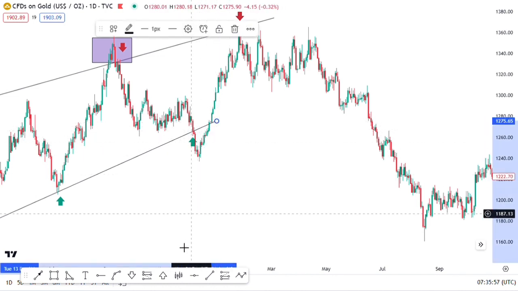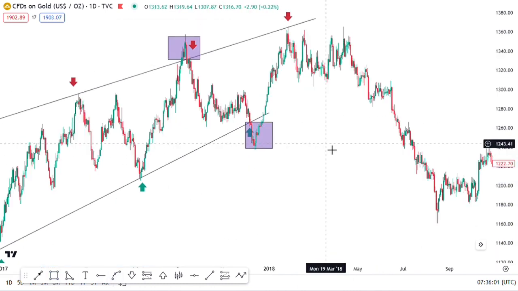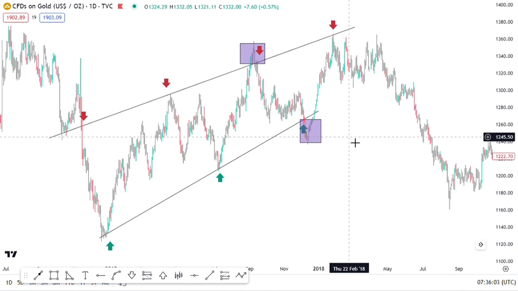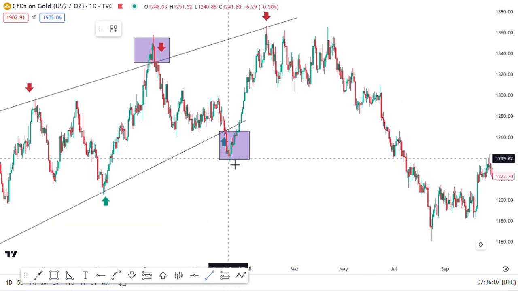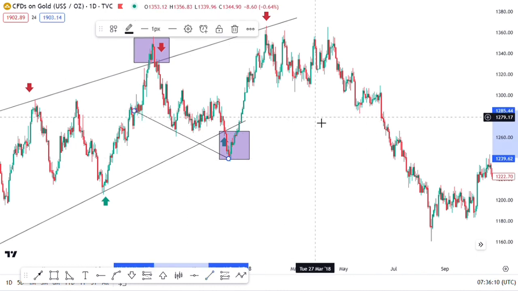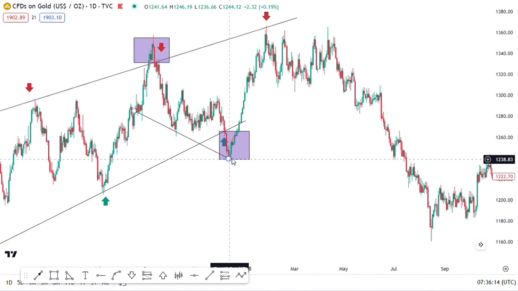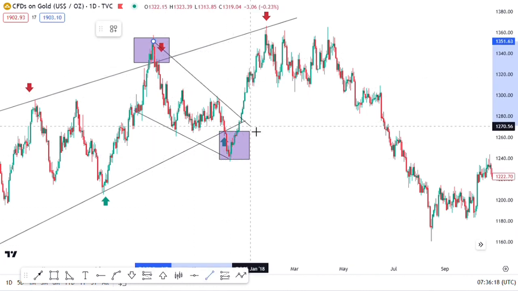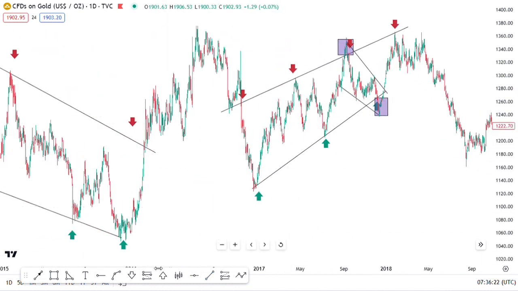It gave a fake out right here, tripping out the sellers, and then came back to the trend and pushed towards the upside. As you see, first, second, third touch. Right here is the third touch. You see, this is what you gotta learn.